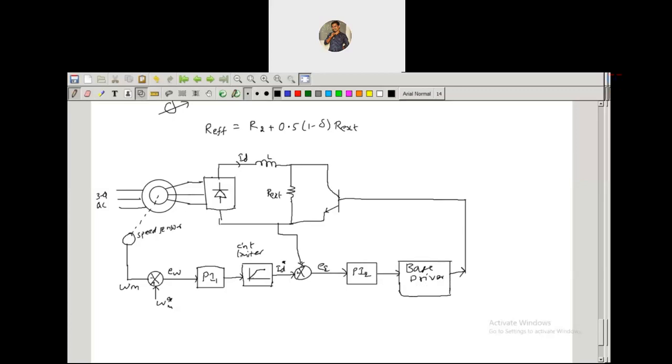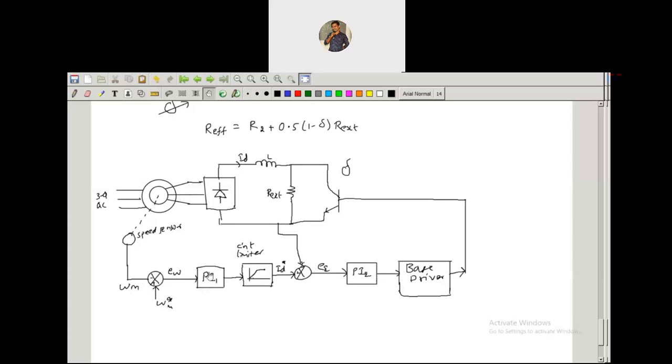That means the delta of the chopper is being controlled by means of this strategy. This entire thing is speed control. PI1 is the speed controller and PI2 is the current controller. We sense the speed of the motor and compare it with the reference speed, get the error in the speed, and give it to the speed controller, the PI controller.